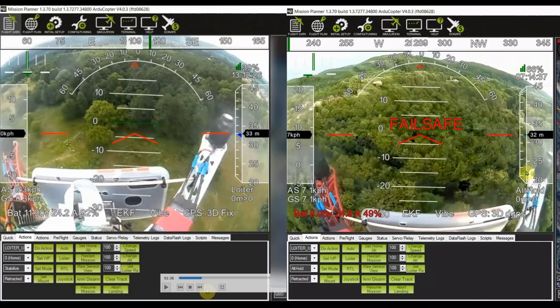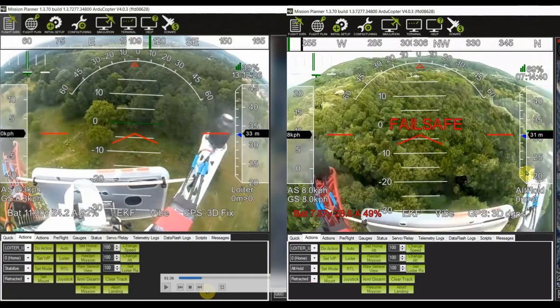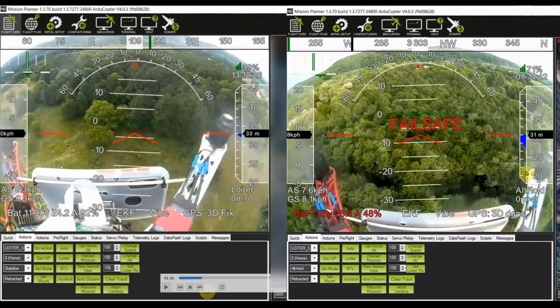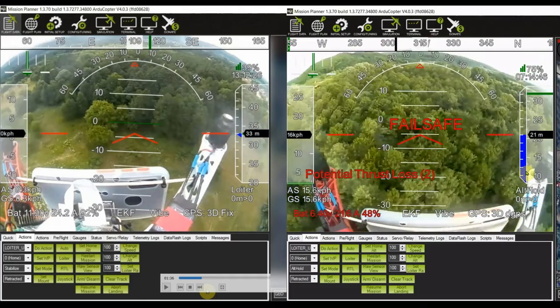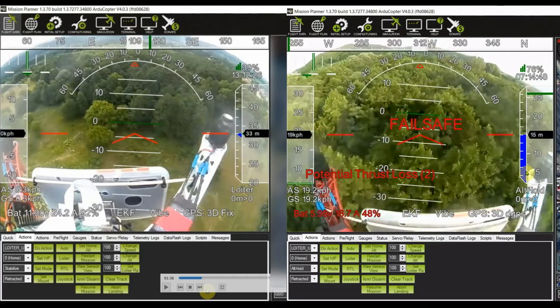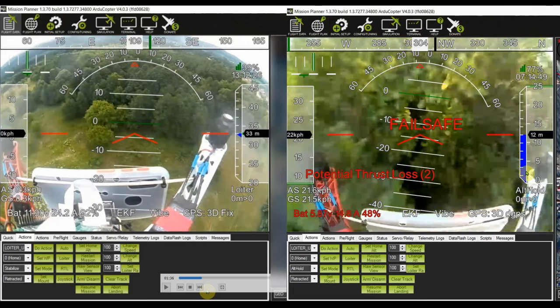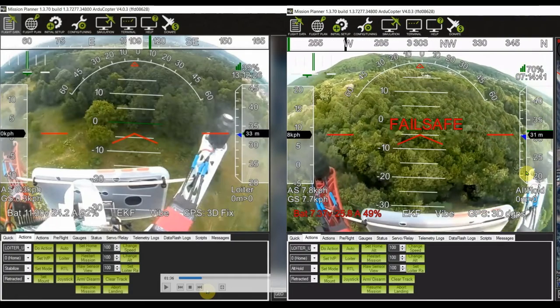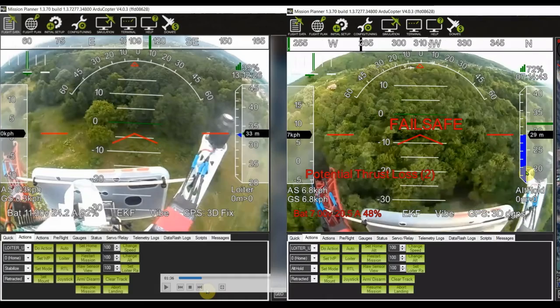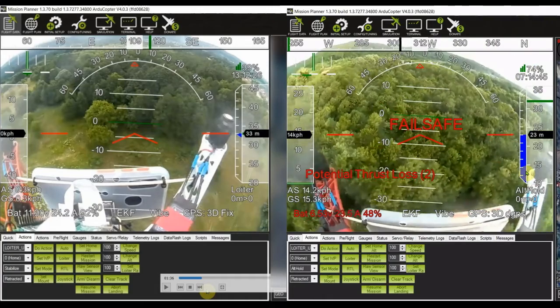Anyway, I flew my quadcopter today and crashed it because I made an error on the battery configuration, the battery sensor configuration. So basically, I didn't set the battery size calculation properly, and I was watching the percentage and not the battery voltage.